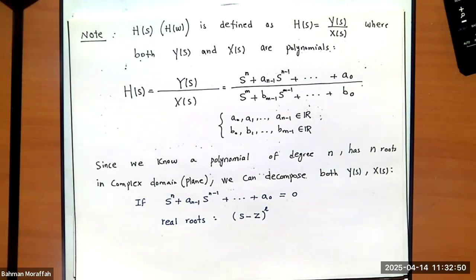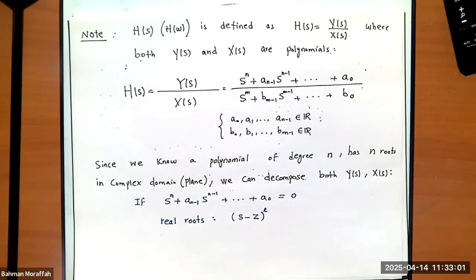What happens if I have a complex root? What do I know about the roots? Let's just say z is the root of this polynomial, and z is complex. What else do I know for sure is a root of this polynomial?